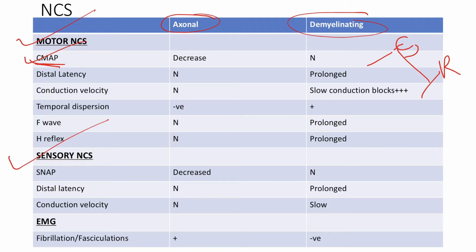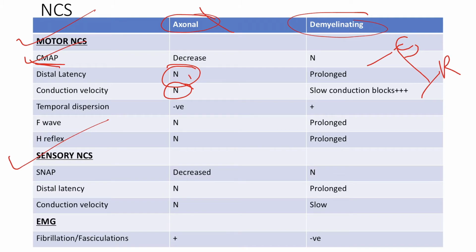If you look at axonal neuropathy, there is loss of the axons, not just loss of conduction. Because there is loss of axons, the motor action potential will decrease, and distal latency will be normal because conduction is not impaired, as the myelin sheath is preserved.